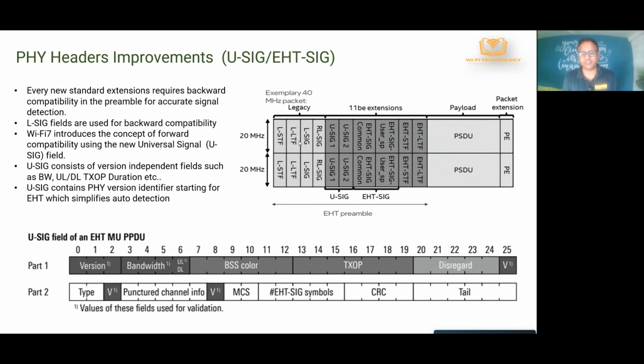So there are some fields added to the U-SIG field, and also we have the EHT, or extremely high throughput signaling field, that has all the extremely high throughput specific information relating to multi-link operation and multi-AP coordination, and a number of other features. So there is all this other information in the EHT signaling.